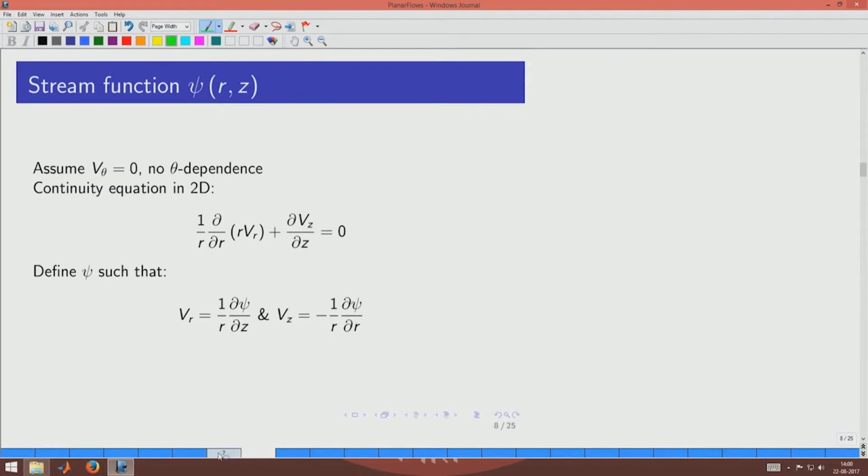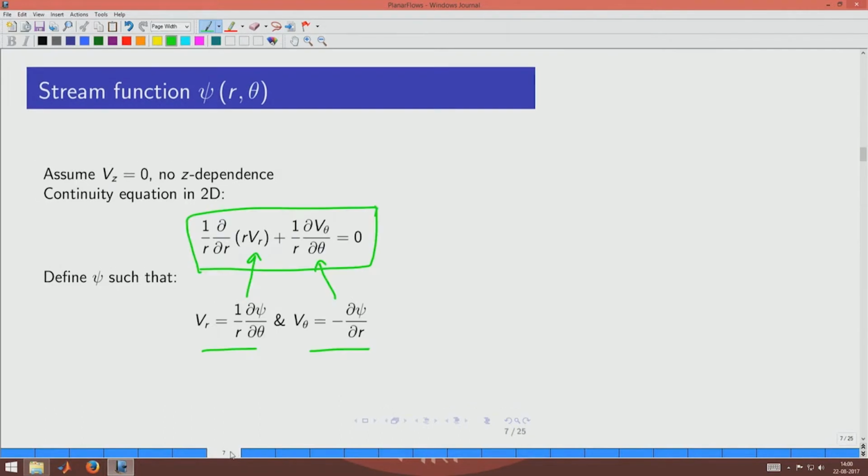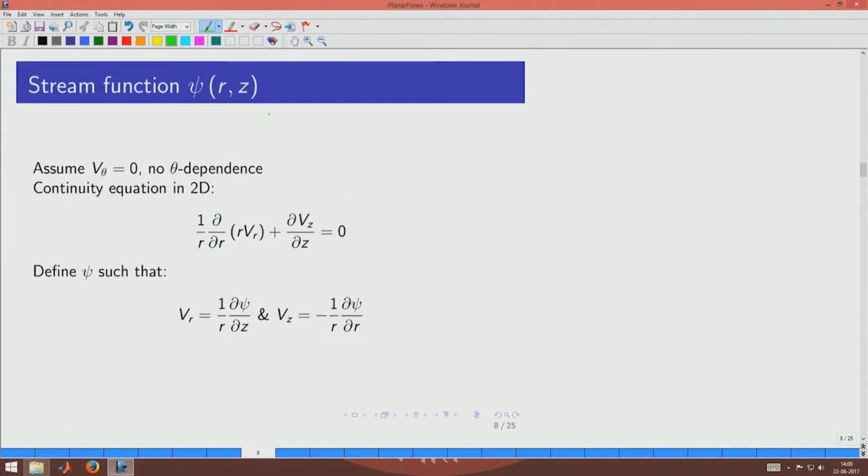We could also define the stream function in a cylindrical coordinate system in another manner. In the first case, for example, we are taking it in the form of r theta, which means that it is within the plane. And here we are taking it for axisymmetric flows, because the theta variation is now being dropped. Okay. So, this is also 2D flow, and the terms remaining in the continuity equation are a different pair.